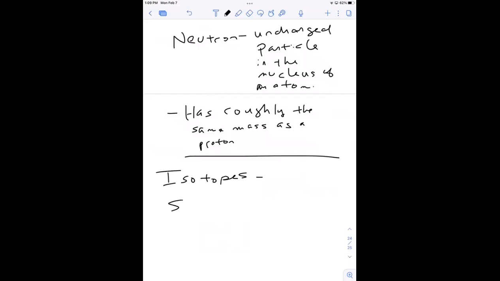So I'm not going to go into great detail right now, but we're going to talk about isotopes a lot, especially when we start calculating the average atomic mass. But an isotope of an element is the same element but the isotope is going to have a different atomic mass, and that's because of the neutrons in the nucleus.